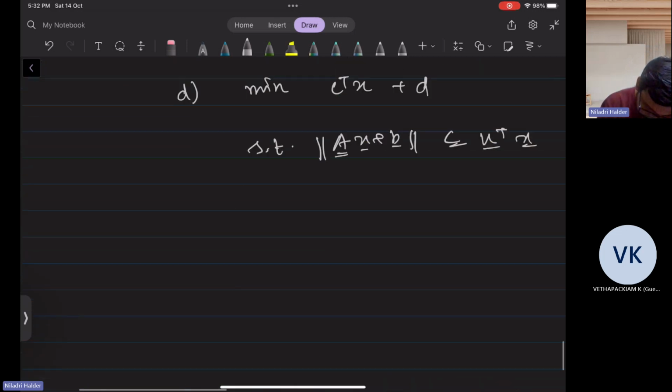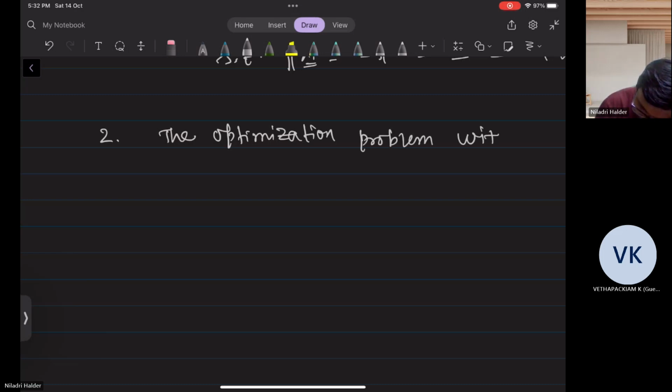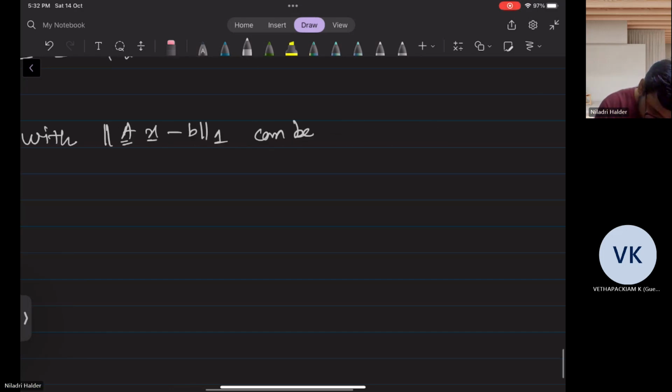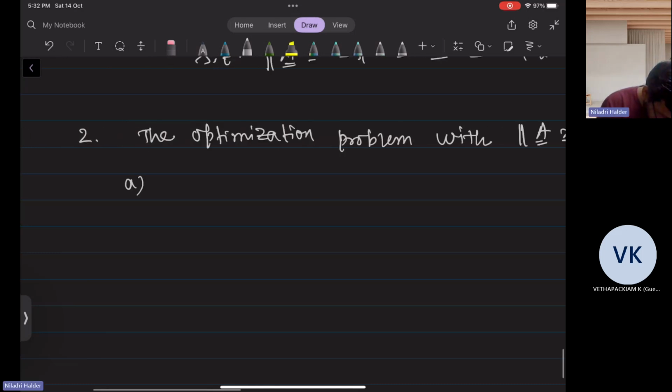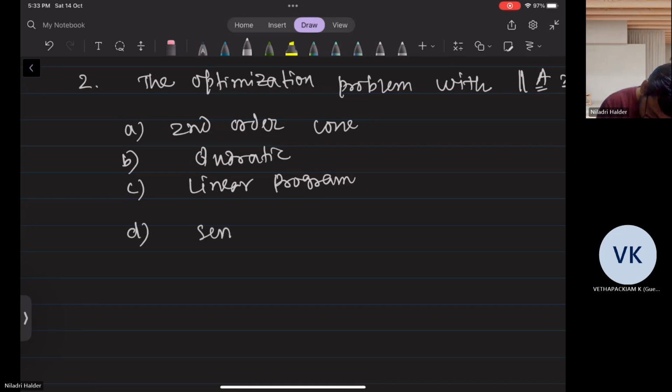Now for the second question, the optimization problem with A x minus b can be formulated as: option A second order cone program, option B quadratic program, option C linear program, option D semi-definite program.